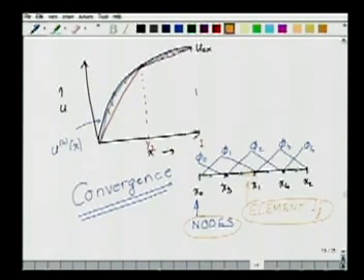For example, if I am looking at element 2 here, it will have as its extremity points x1 and x3. So element 2 will have these 2 points as its extremity, and so on.